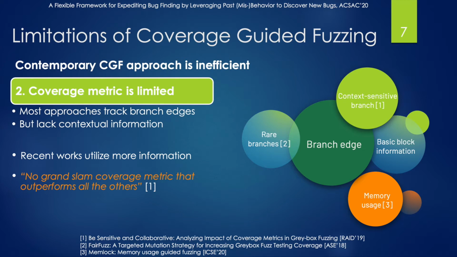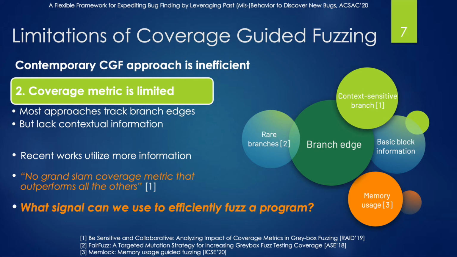Studies show that, given same amount of resources, all the coverage metrics offer merit relative to flipping certain types of bytes, and in finding vulnerabilities not readily found by others. Different coverage metrics perform better on other benchmarks, underscoring the enormous diversity that exists between different programs. This raises an important concern: what signal can we extract from the execution to efficiently fuzz a program?